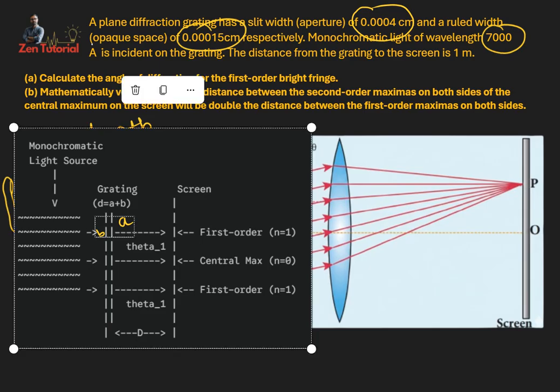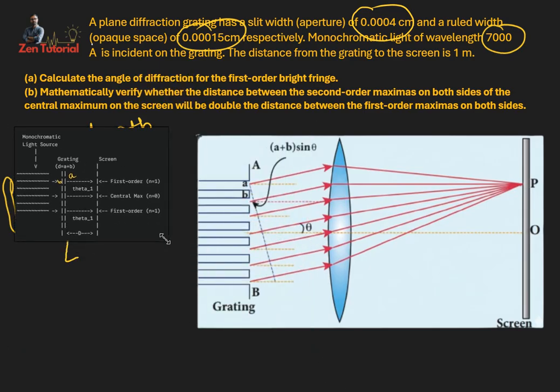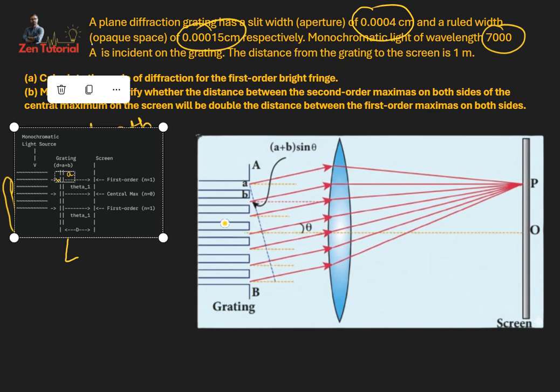More precisely, if we look within this image, you can have a precise concept. Light is going through in this direction.